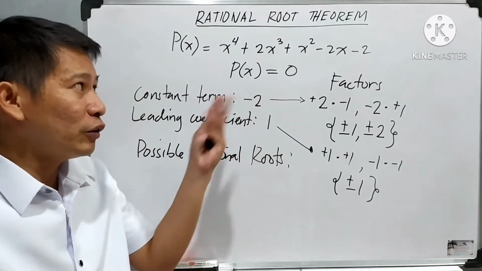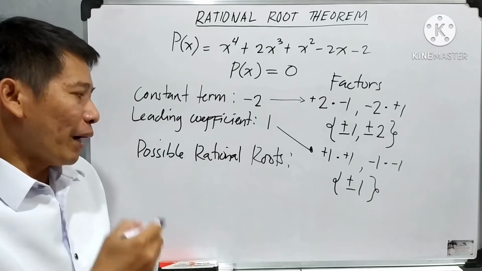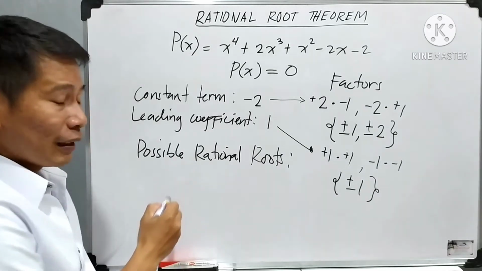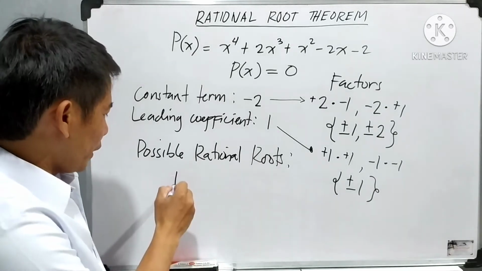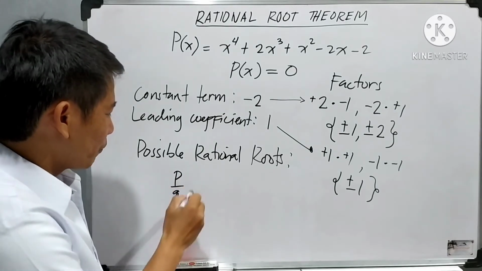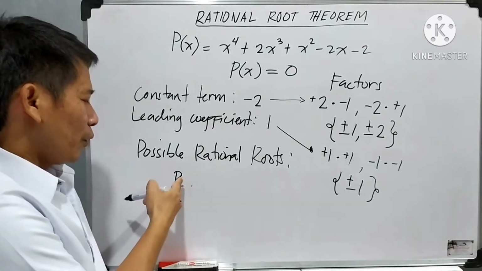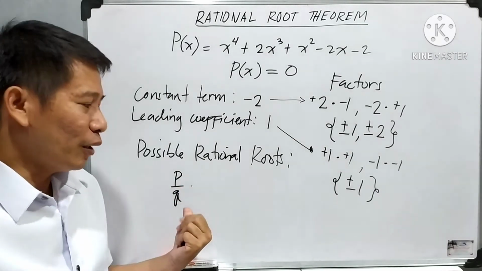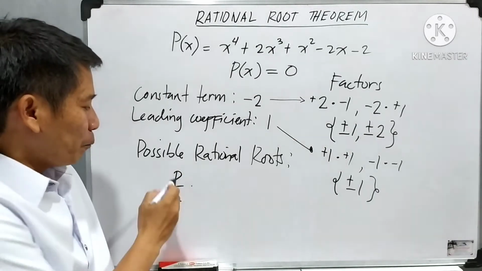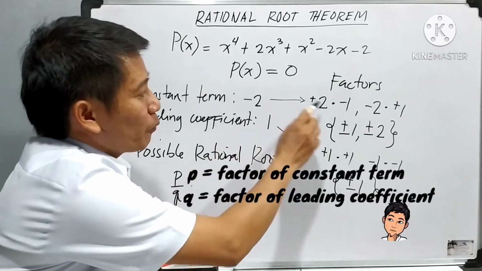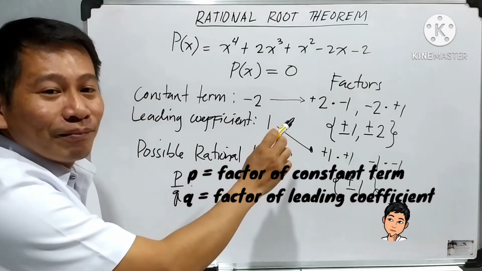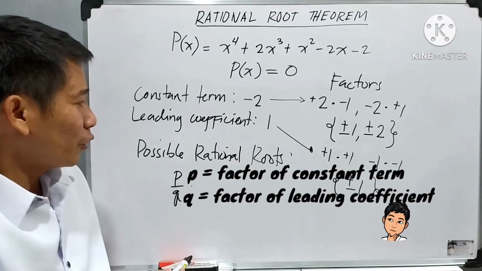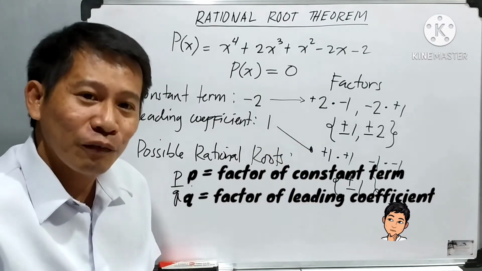From the rational root theorem, the possible rational root is in the form of P over Q. Right? In other words, a quotient of P and Q. And what are these P and Q? P are the factors of your constant term, while Q are the factors of your leading coefficient.